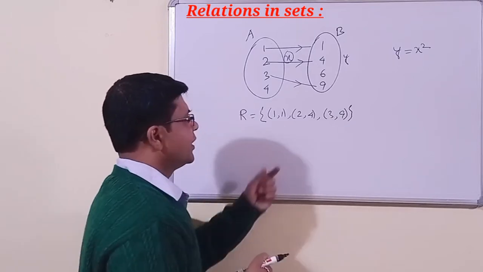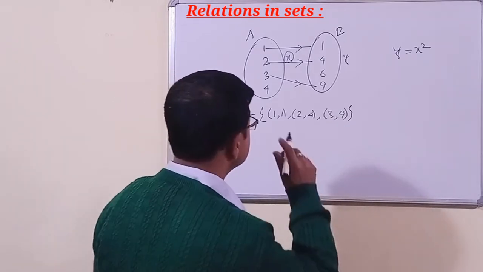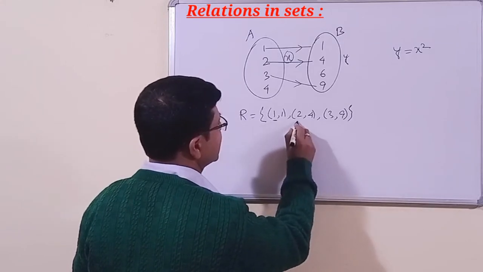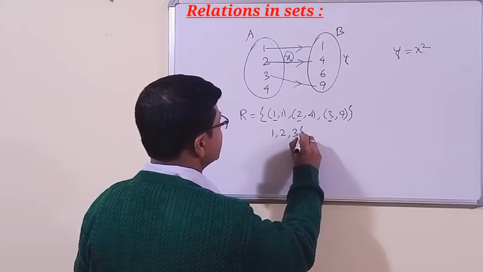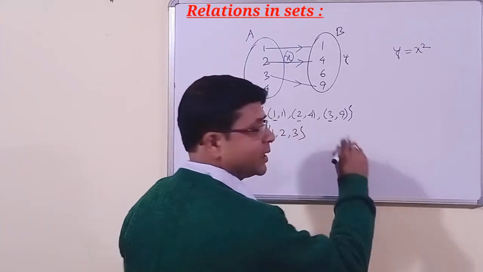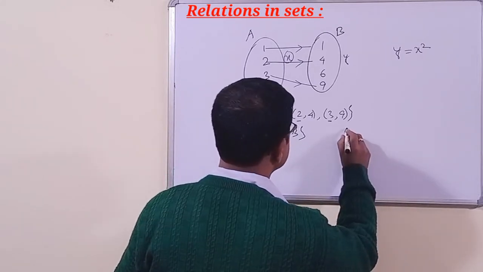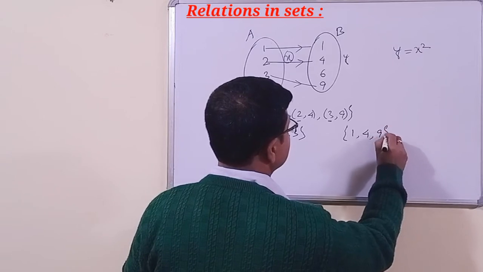Now we want to see a different definition for the ordered pairs. The first components are 1, 2, 3. These are the first components, and let us take the second components also. The second components will be 1, 4, 9.